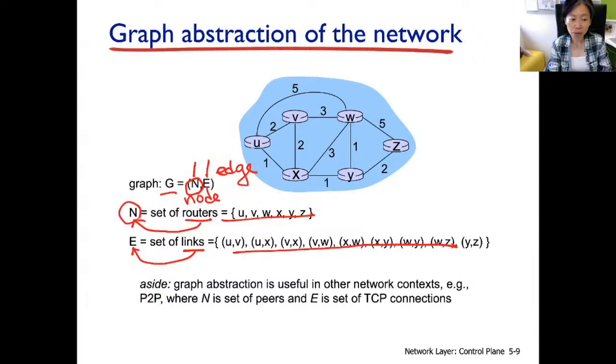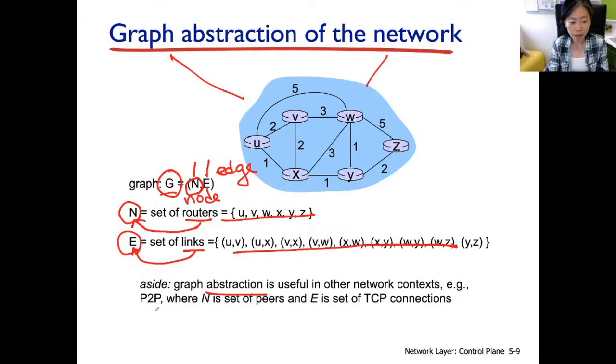With the set of nodes and the set of edges interconnecting the nodes, we do have a graph. So a network is also a graph. And such an abstraction is really convenient later on when we're introducing the algorithm. It could also be useful when we're talking about other kinds of networks.